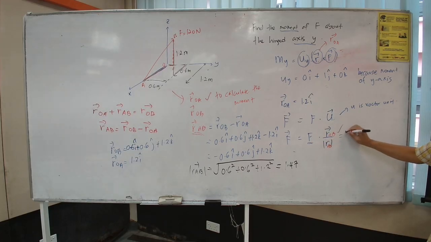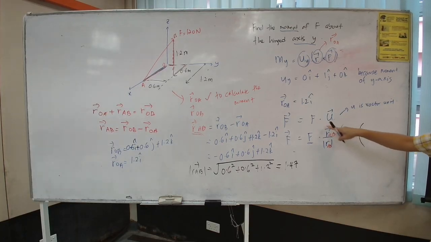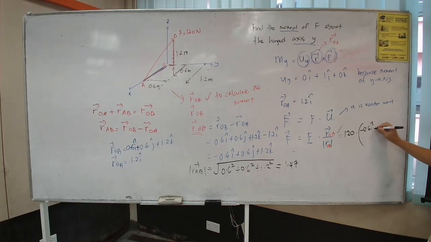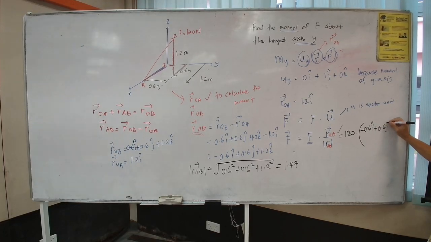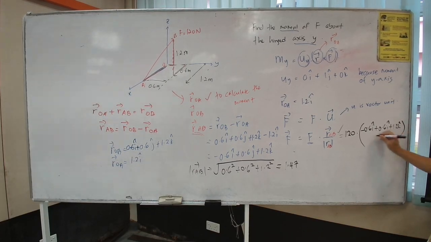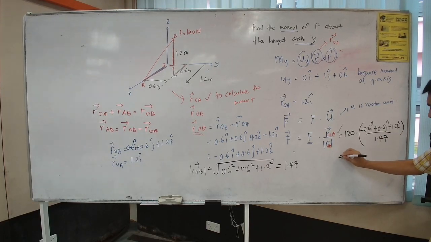F equals 120 multiplied by RAB, which is negative 0.6 I plus 0.6 J plus 1.2 K, divided by 1.47.